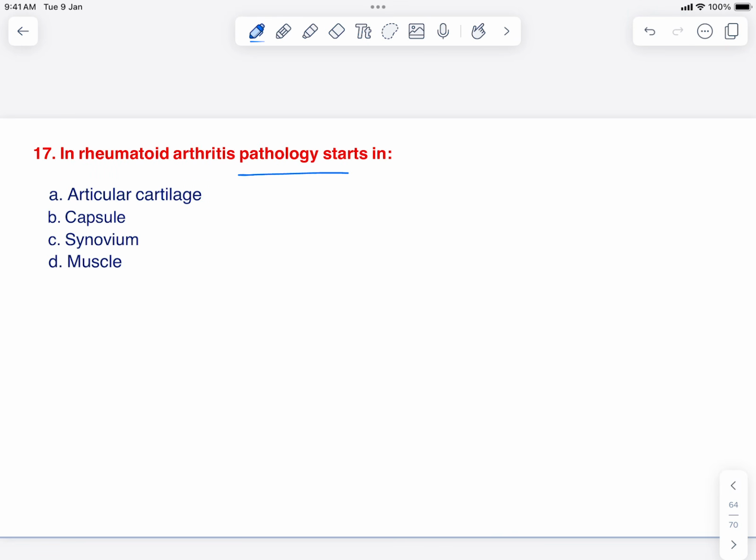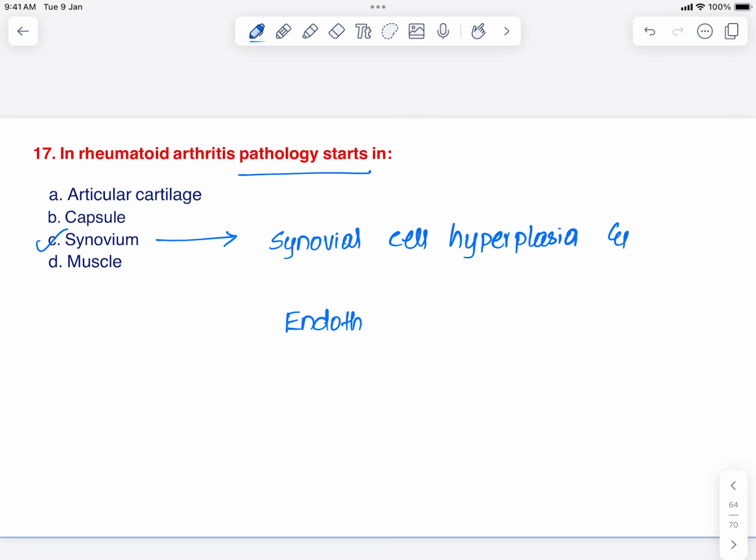In rheumatoid arthritis, the pathology starts in articular cartilage, capsule, synovium, muscle. Please remember, it is in the synovium. And what will be that synovial involvement in rheumatoid arthritis? That will be in the form of synovial cell hyperplasia and endothelial cell activation.